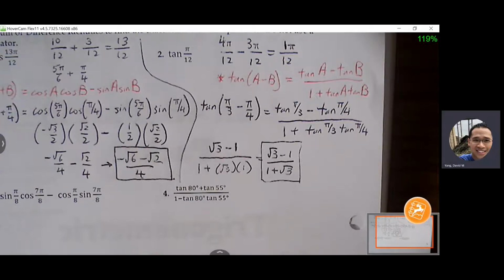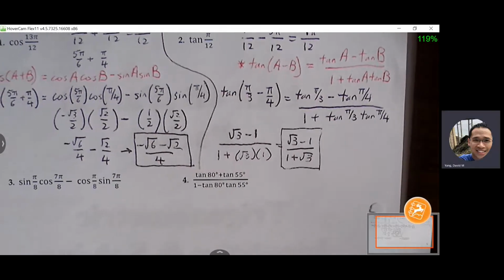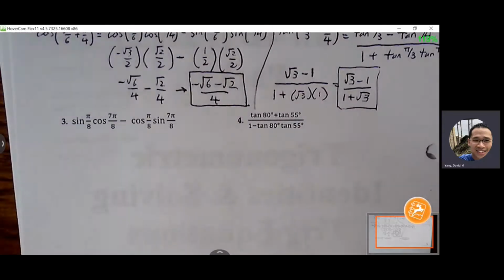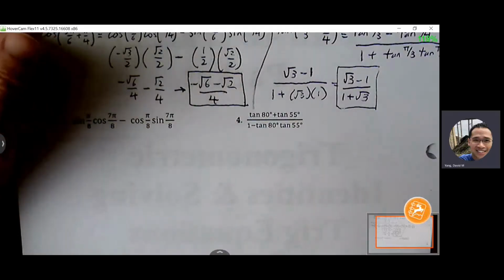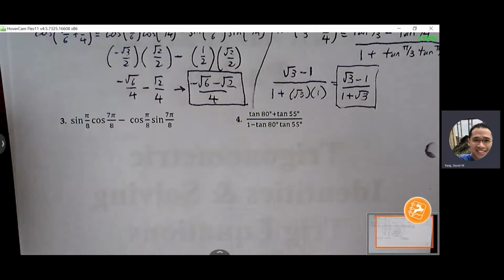All right, let's go to 3. So we don't recognize π/8 and 7π/8, but maybe we can go the other direction. Maybe we can merge it into some identity. So it looks like we recognize this, right?